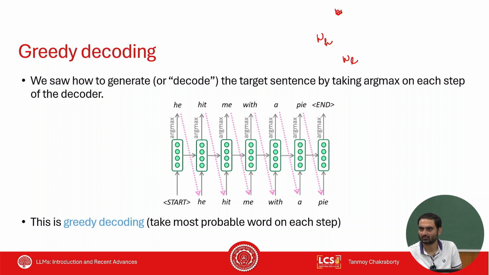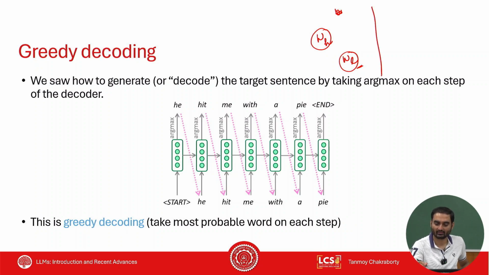What is U? The U matrix was the linear projection matrix, right? That is not there in the encoder, because at the encoder stage you are not predicting anything. So you need a WH and a WE. WE is the weight matrix corresponding to the embeddings.